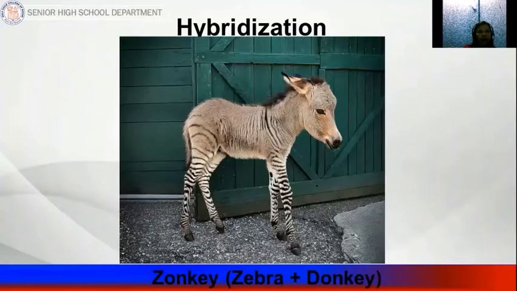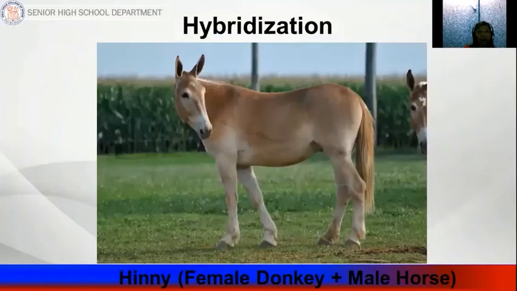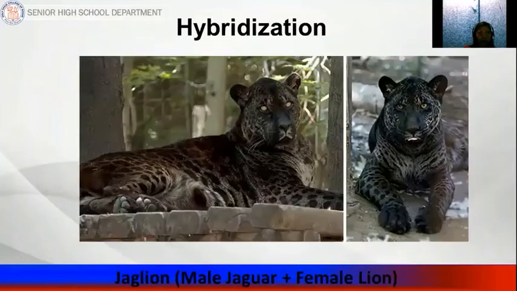It's a breed from two different species, the zebra and a donkey. And hinny, so female donkey and male horse. So hybridization with a male jaguar plus a female lion, then it inherits the traits from those two, then jaglion.